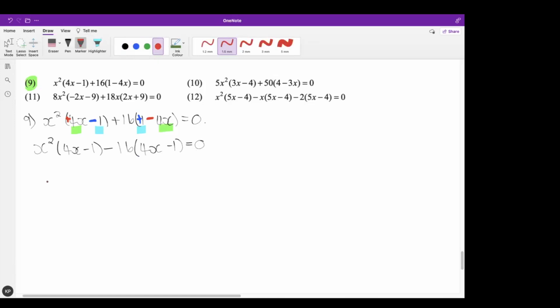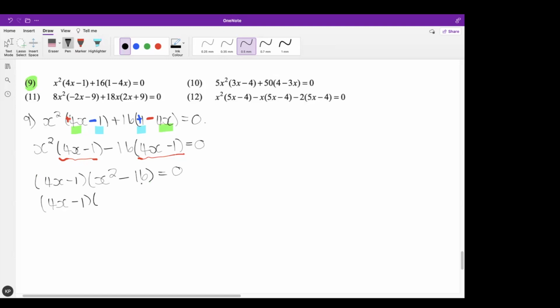And now I have a common bracket, which I can take out as a factor. So I'm going to write it here, 4x minus 1. Then what's left for my first term once I take out 4x minus 1? What's left for the first term, guys? X squared minus 16 equals 0.